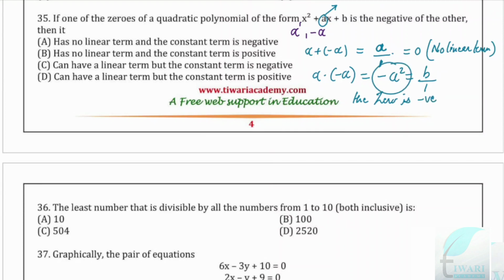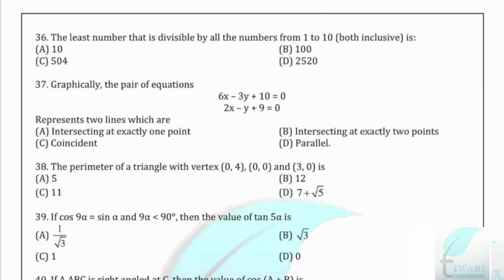So answer A is right answer: no linear term, which means linear term is 0, and the constant term is negative, that is b. b is constant term here, that is negative. See, b is equals to minus alpha square, that is negative.